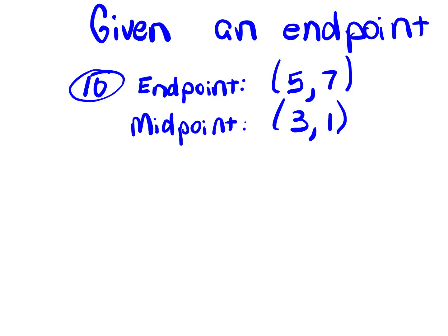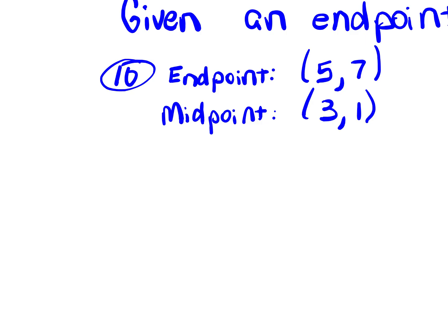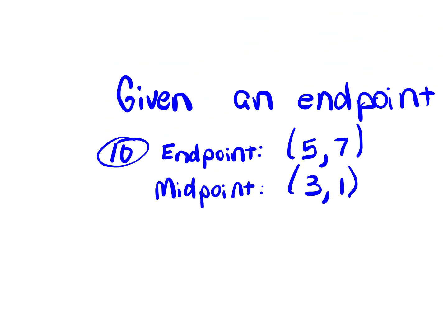So we're going to use our midpoint formula. Our midpoint formula is x1 plus x2 over 2, comma, y1 plus y2 over 2. We're going to find the missing endpoint.